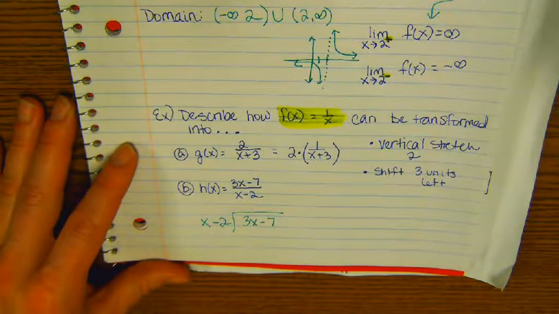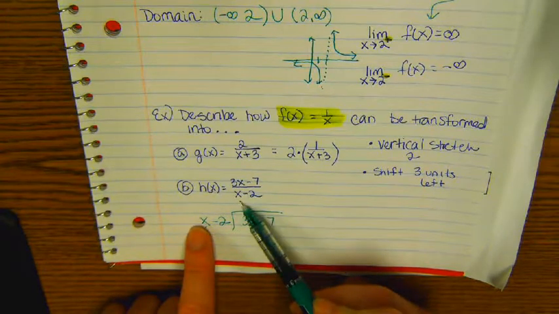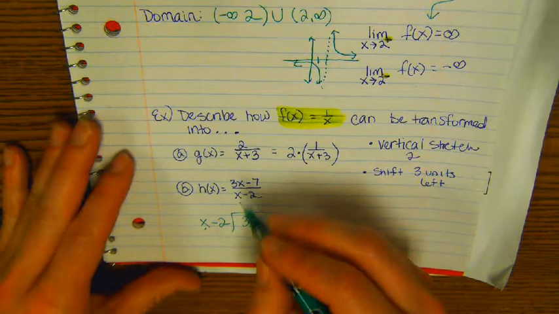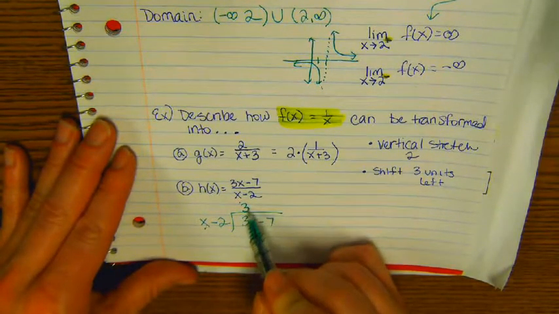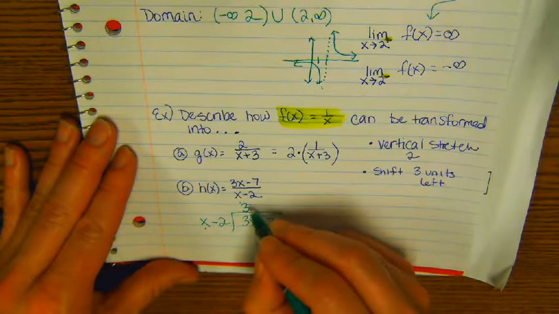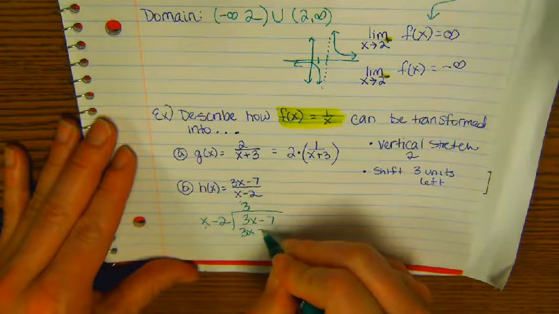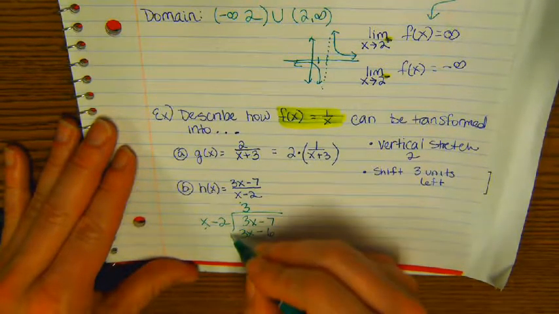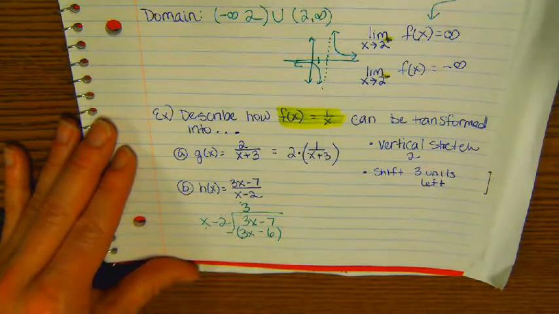So, x times what gives me 3x? 3. 3 times x minus 2 means 3x, and 3 times negative 2 means minus 6. And I'm going to subtract to find the remainder. So 3x minus 3x is 0.